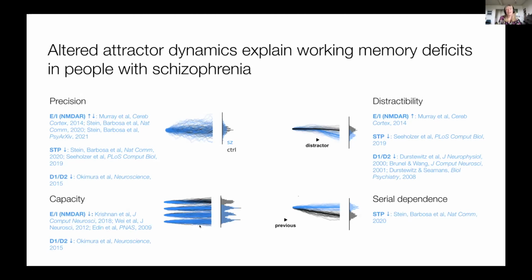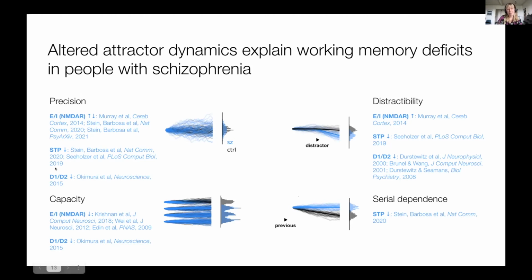And all of these findings have been modeled in such bump attractor models of working memory with different biological alterations in the network. So here I'm just showing you a few of them. One of them is EI ratio that is usually modulated by decreasing NMDA receptor functioning at inhibitory or excitatory synapses, resulting in increases in excitation or decreases in excitation in the network.